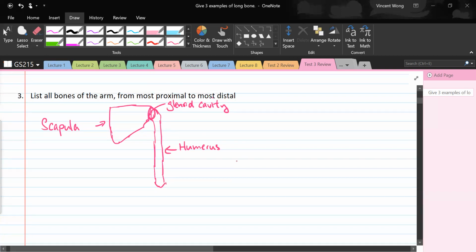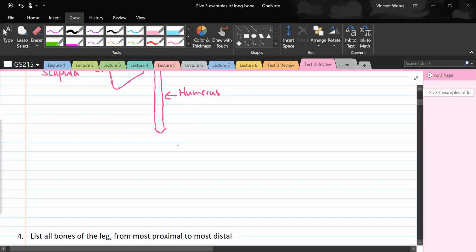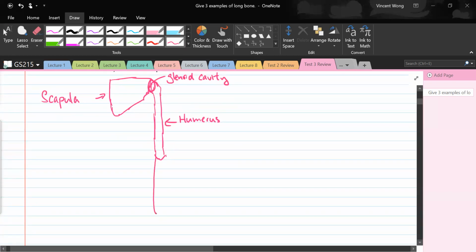Distal to the humerus, you have two bones. The one on the lateral side is the radius, and the one on the medial side is the ulna.